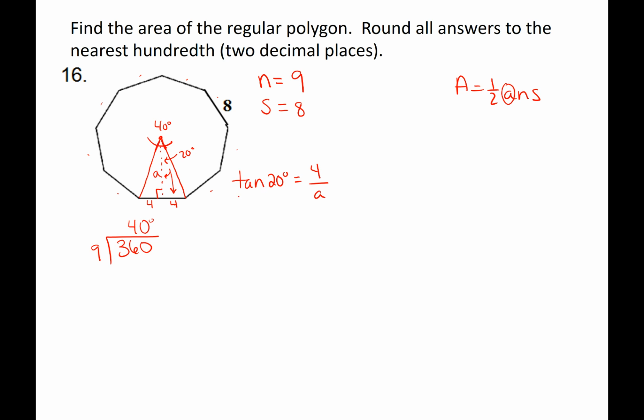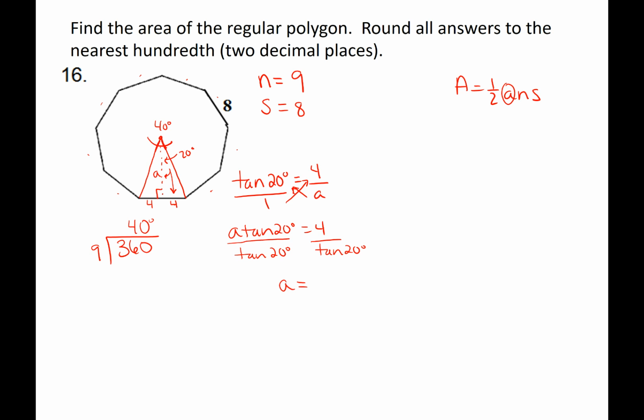I'm going to solve for A by putting a 1 under my tangent, cross multiply, and I get A tangent 20 equals 4. To solve for the A, I'm going to divide by tangent 20, and I get A equals, and there's where I need my calculator.